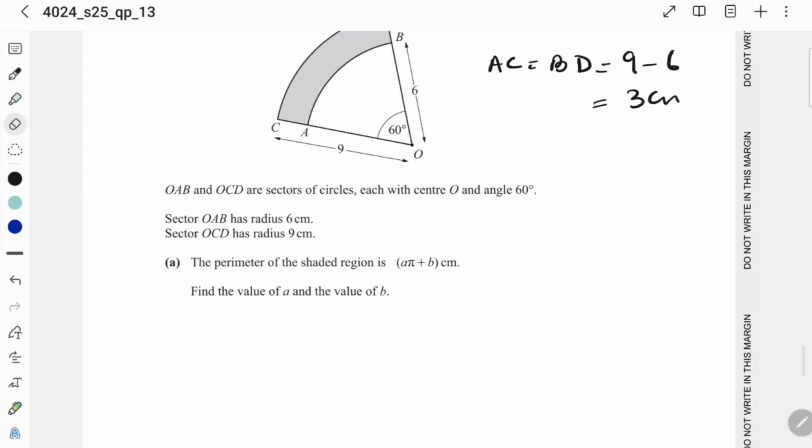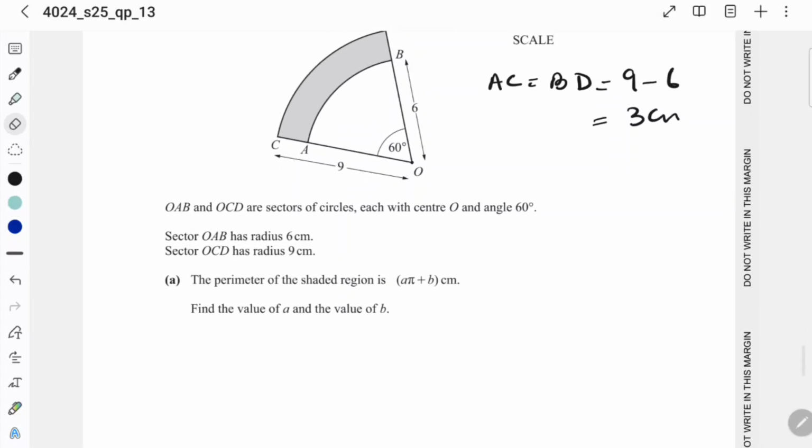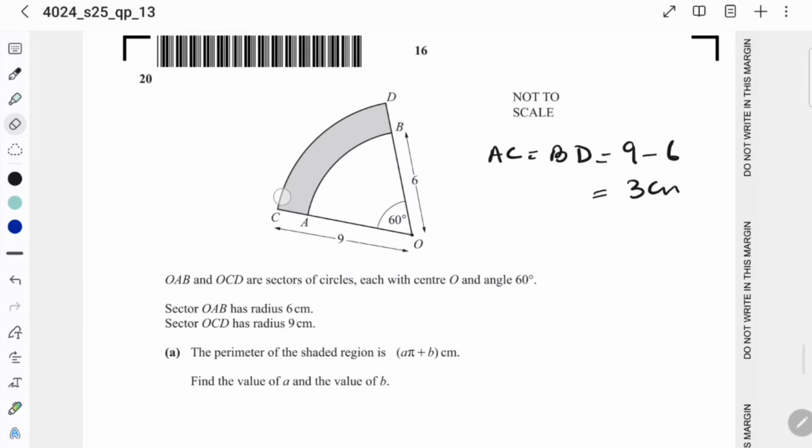So we are going to find the perimeter. The 2 arc lengths are the arc length of CD and the arc length of AB, and the two straight lines are 3 and 3.